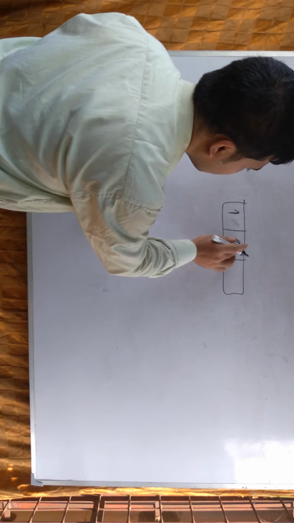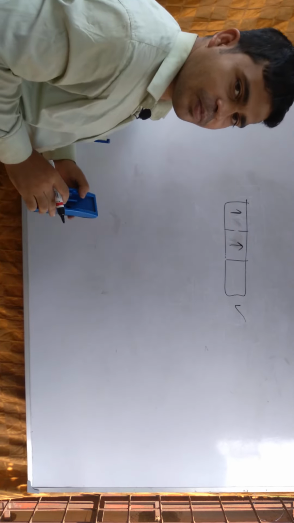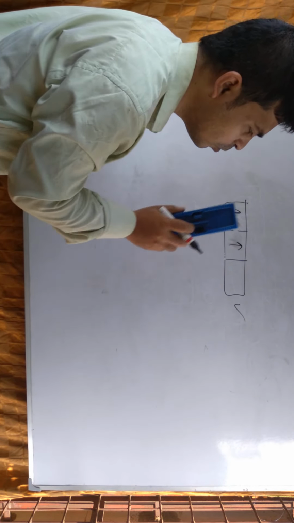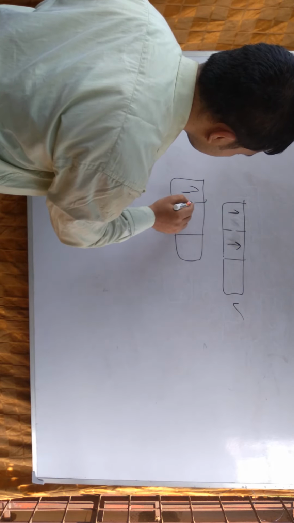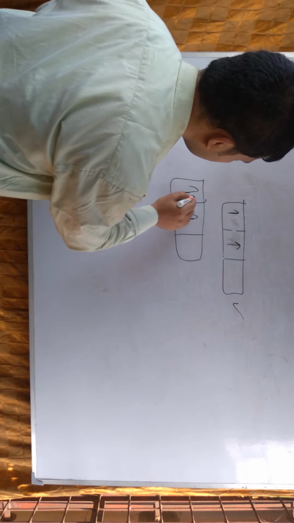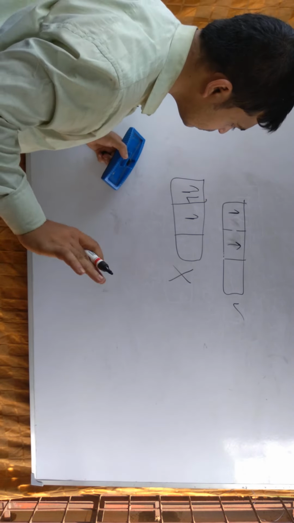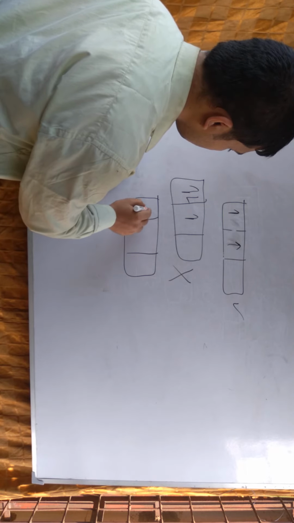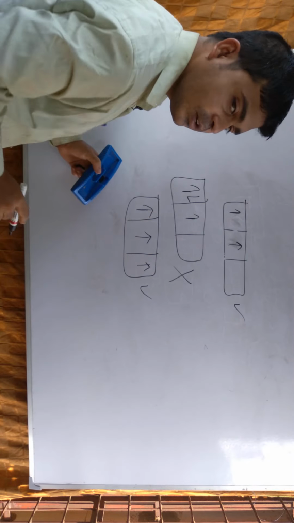This is the right one. It is not violating the Pauli principle and not violating Hund's rule. So according to Hund's rule, this one is not valid. This one is right.